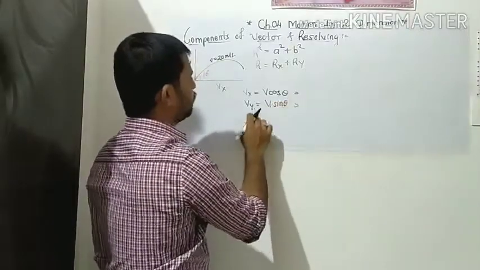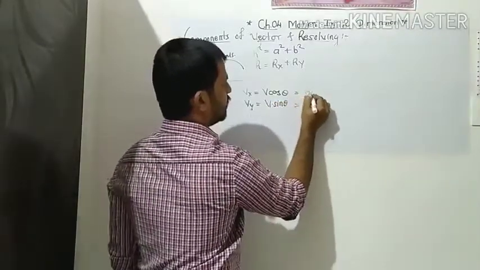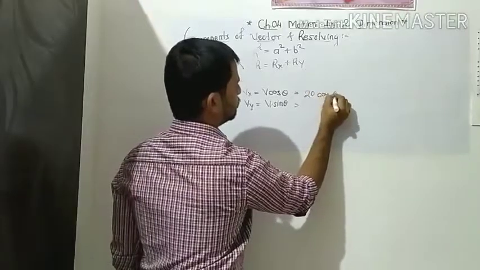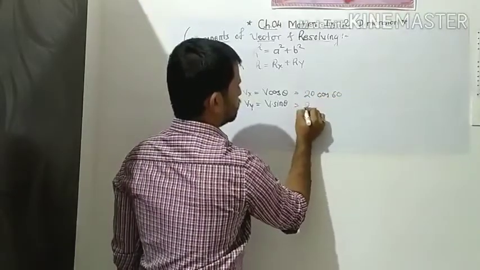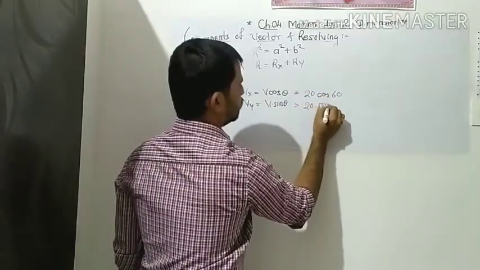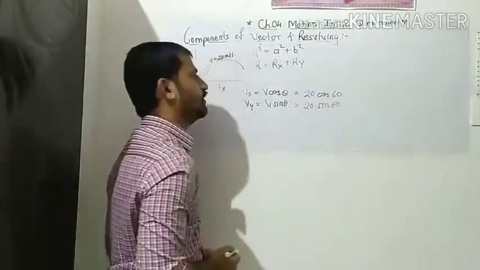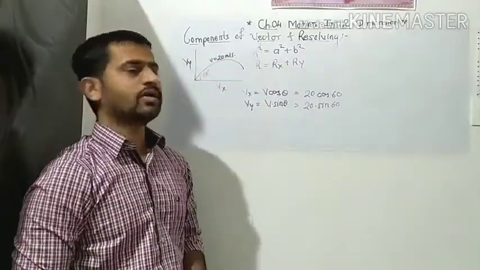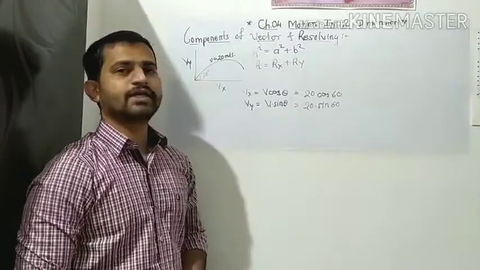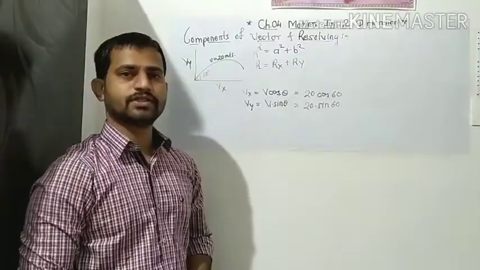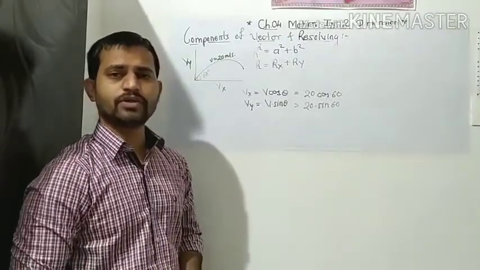Now what is the value of V here? We can put 20 cos of 60 and 20 sin of 60. So V cos theta is equal to 20 cos of 60 and V sin theta is equal to 20 sin of 60.